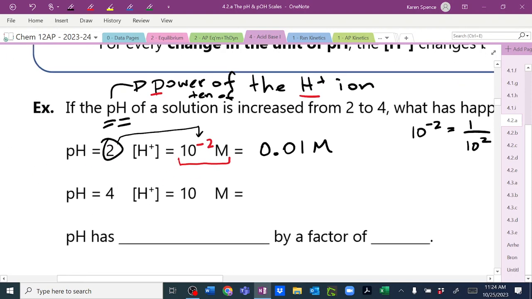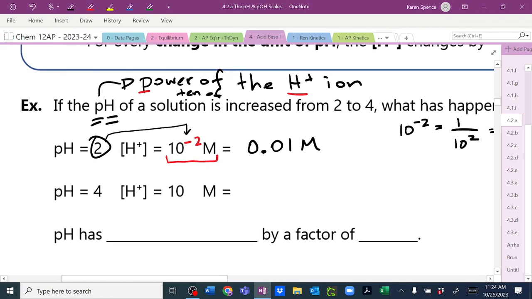So if you have a pH of 2, hydrogen ion concentration is 10 to the negative 2, all right? And so that means we have a 0.01 molar concentration of hydrogen.